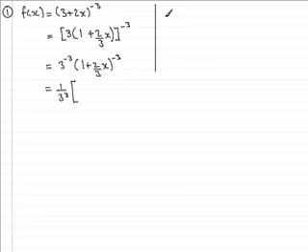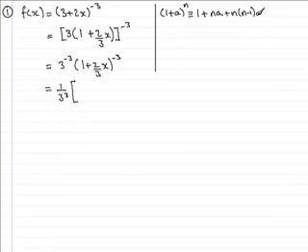We've got enough room. So you should know that (1 plus a) to the power n is identical to 1 plus n times a plus n times (n minus 1) times a squared all over 2 factorial.